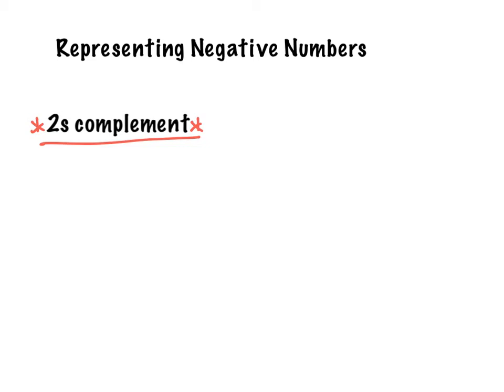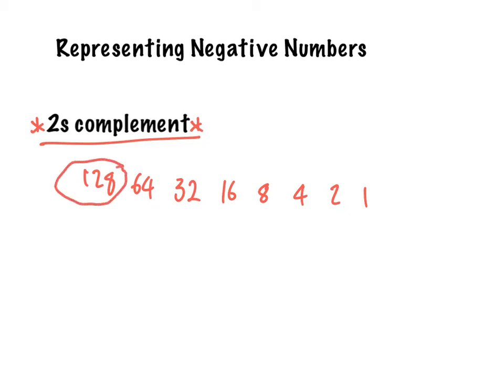If we just start off with the usual way that we would, we end up with these numbers. But I want you to have a look at this. What we are going to do with 128 is give it a negative sign.